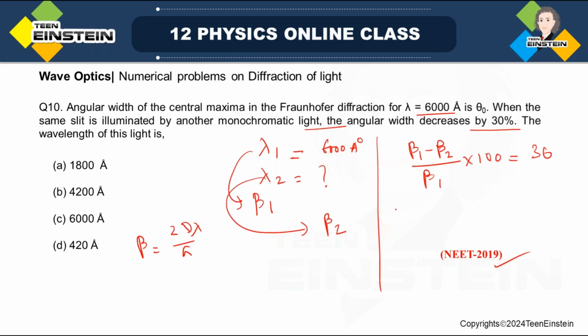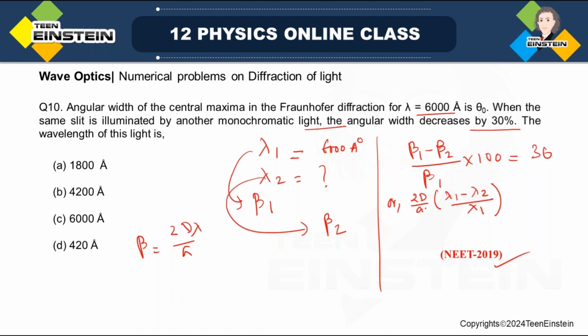Okay, let us do one thing. If we put this here, beta means 2d lambda by a. See, 2d by a I will take common, because same screen, same slit. So 2d by a times lambda 1 minus lambda 2 divided by lambda 1.